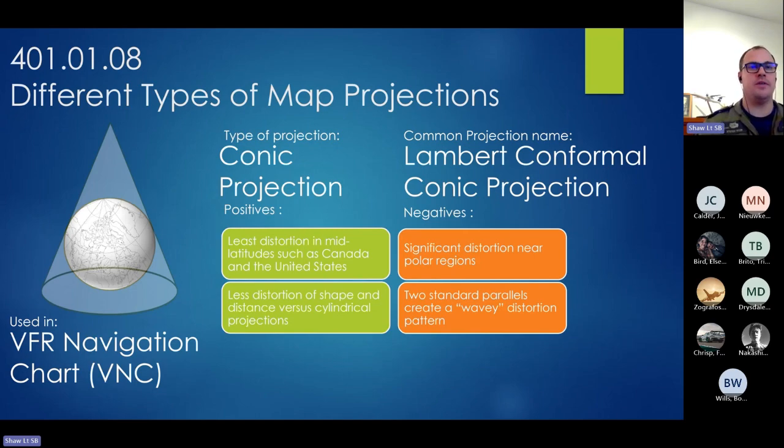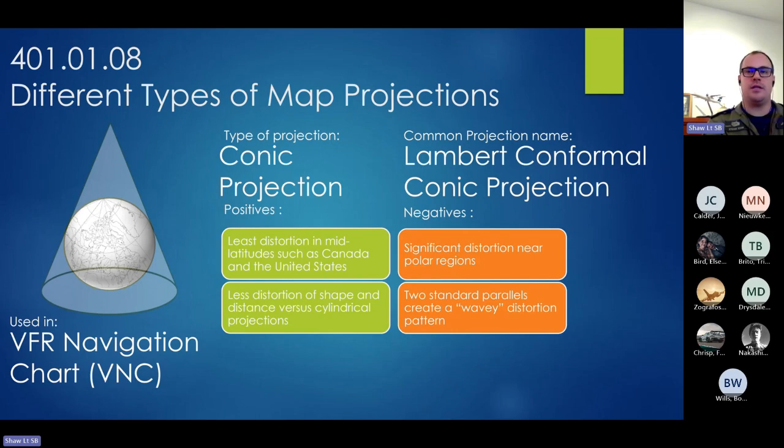So this is used in VFR navigational charts, or VNCs. This is a little bit bigger picture. Remember, the VTA is zoomed in on a particular city. A VFR navigational chart covers half a province kind of thing. There's one for Edmonton and another one for Calgary that'll go from northeastern BC to northwestern Saskatchewan kind of thing.